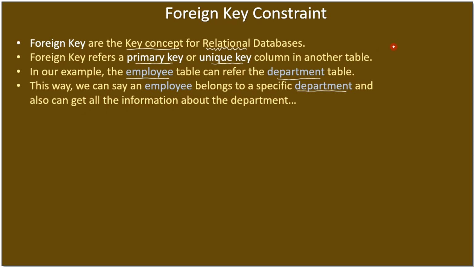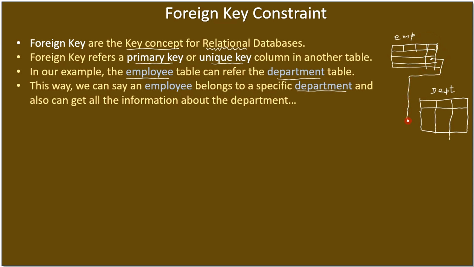Say, for example, here is the employee table. The employee table contains 4 columns, and let's state there is a department table. And let's assume that the department table contains 3 columns. So here, a specific column can go and point to an entry in the department table.